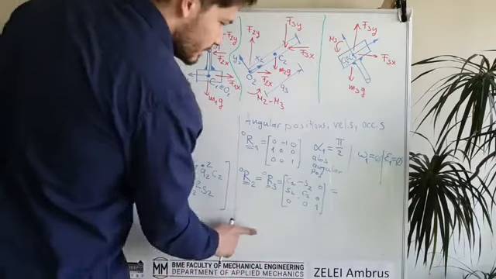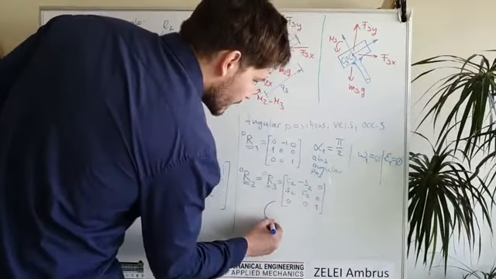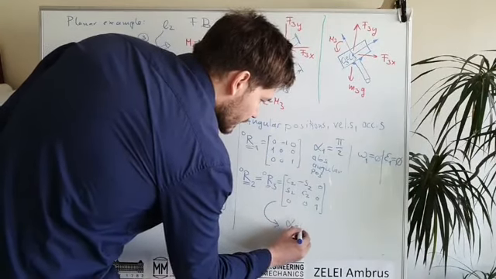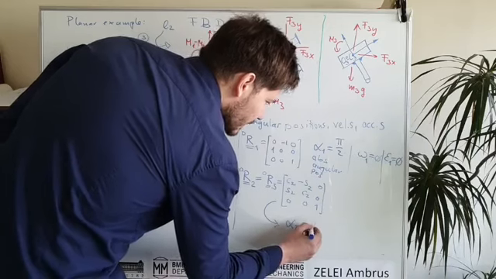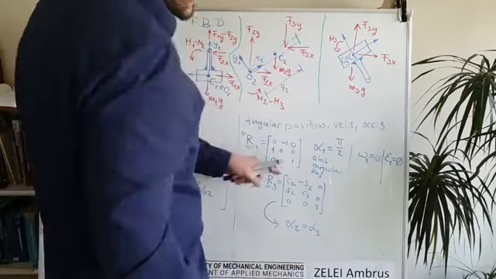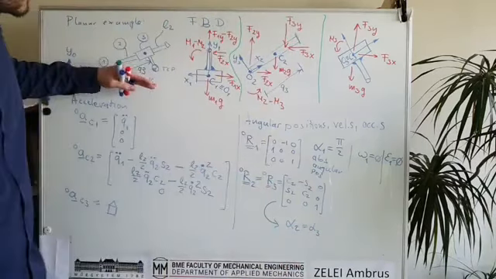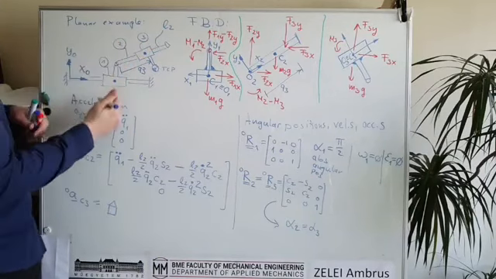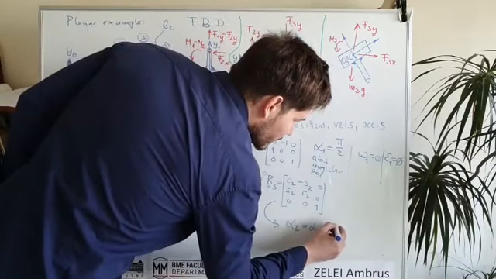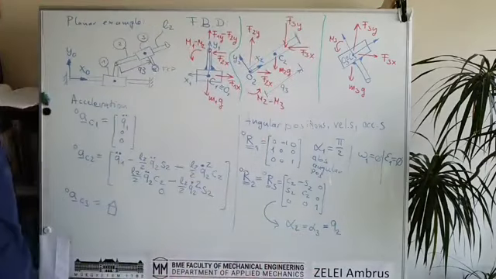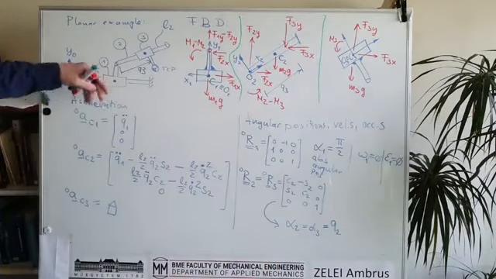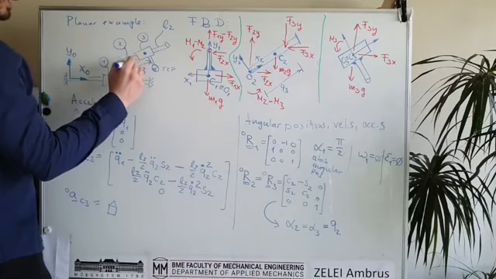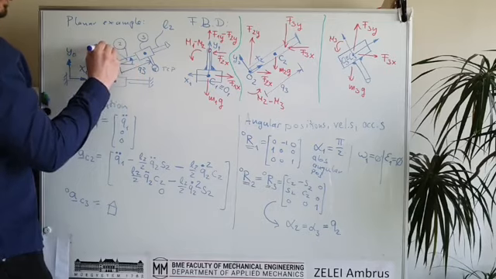And from here you can see that the absolute angular position of the second and the third rigid body is exactly the same, and they are equal to Q2, which is an angle. Okay, Q2 was an angle. It was measured here. This is the Q2 angle.